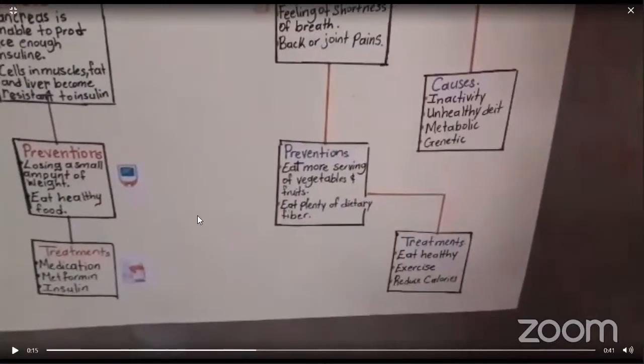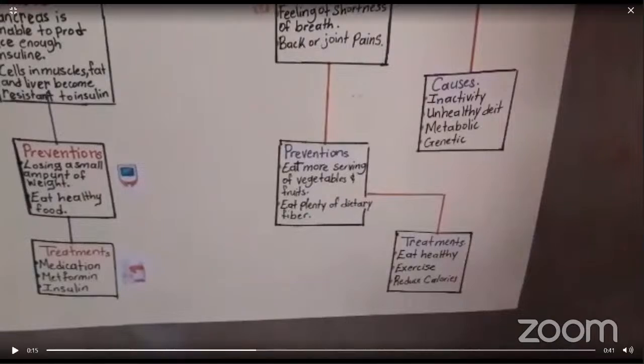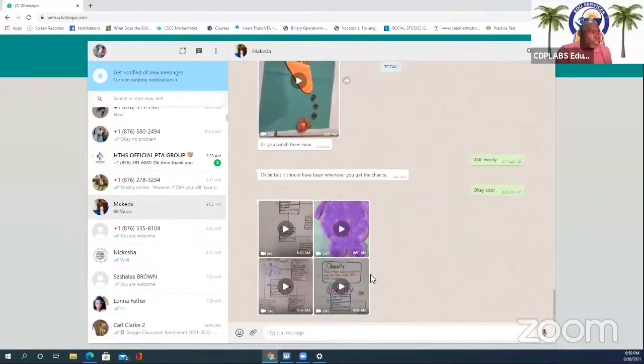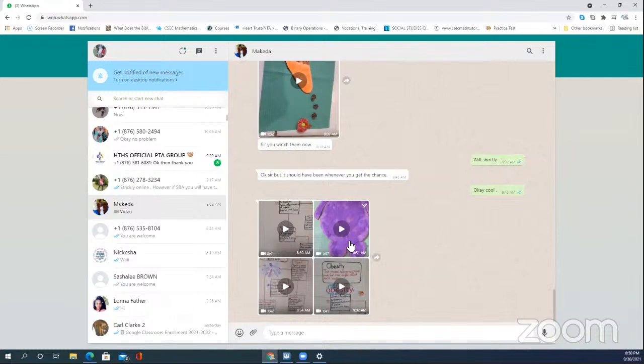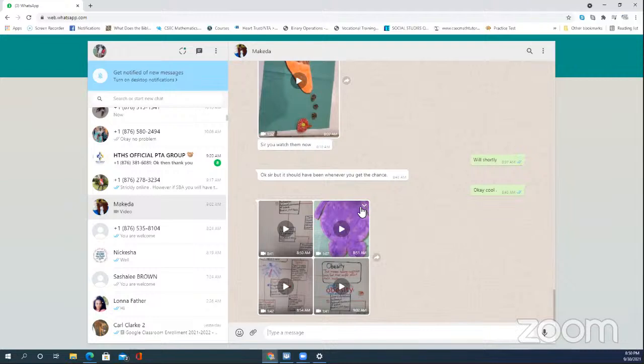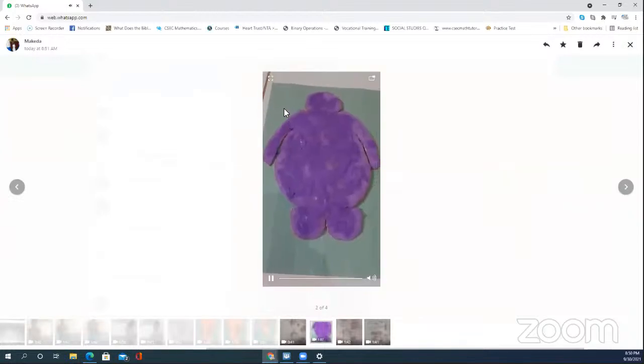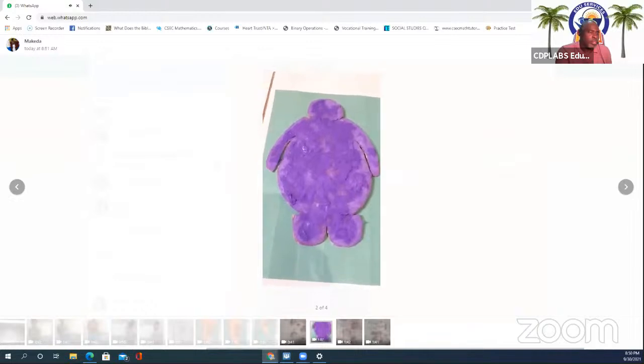Eat plenty. What were you saying, Makeda? I was saying that that's not the one that comes after it. Okay, no. All right. Which one comes after it? This one here? Are you seeing it? This one? Let me see. No, that one is the last.